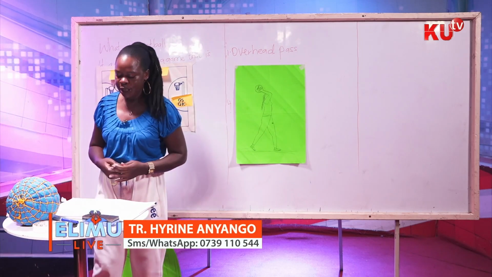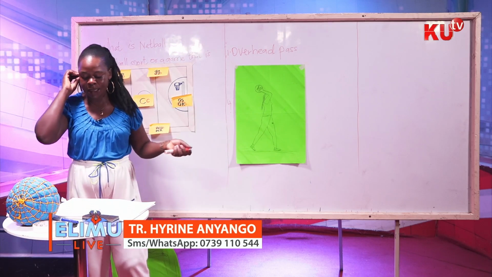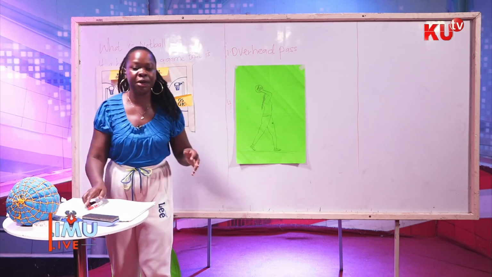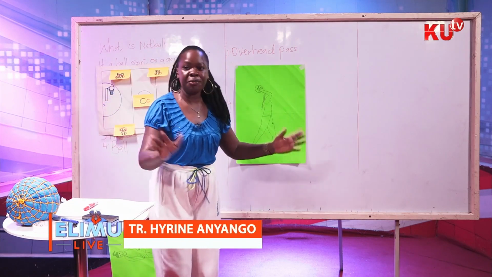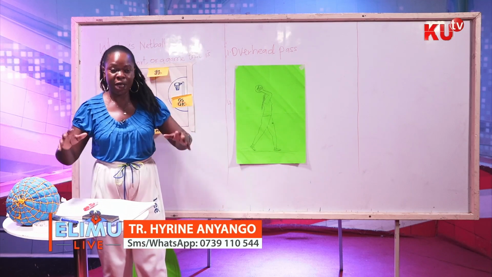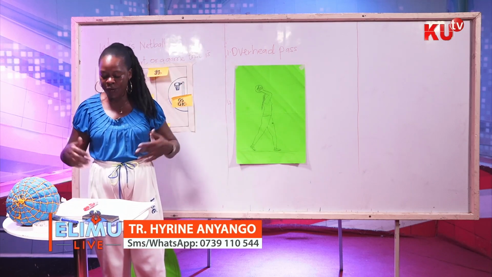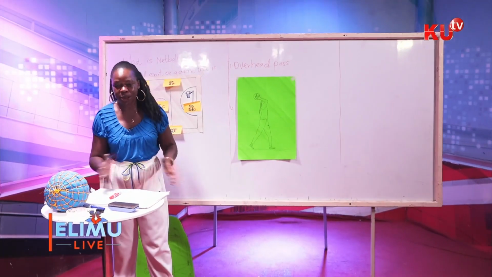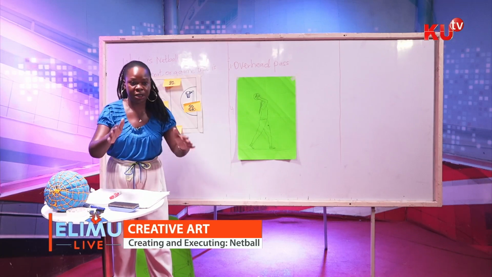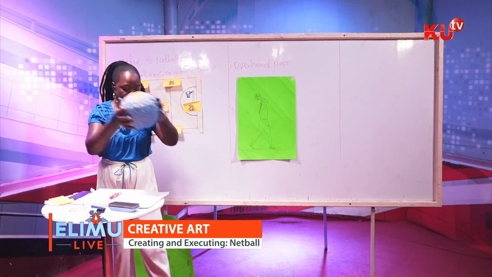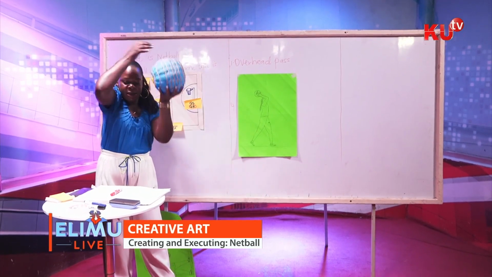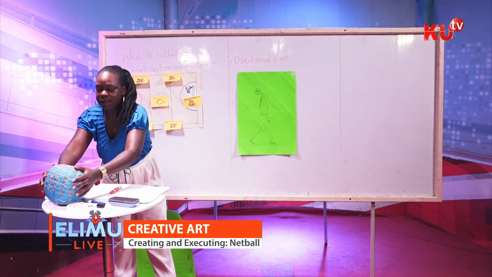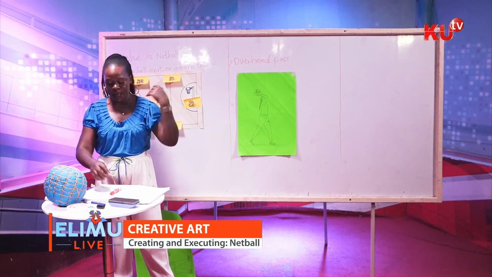What is the advantage of using the overhead pass? This kind of pass is a very accurate pass. Maybe your opponent is right there, very busy trying to make sure that you don't pass the ball. As the opponent tries to distract you or obstruct you from passing the ball, you simply take the ball, and then you pass it very fast before your opponent realizes the ball has moved.